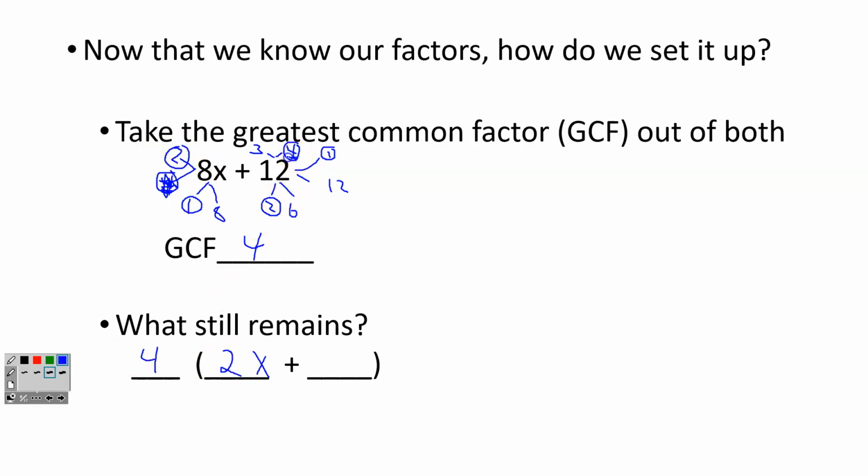If I factor a 4 out of 12, that's going to leave me with a 3 left over. So factoring, this is the simplified version of it. 4 is my GCF. The 2x is what's left over from the 8x. And the 3 is what's left over from the 12.